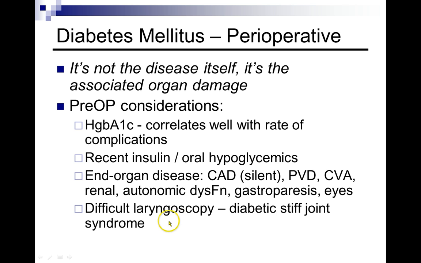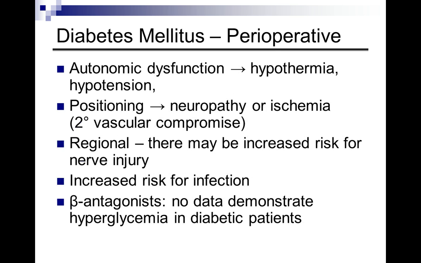A large percentage of diabetic patients may actually have a difficult airway upon laryngoscopy due to diabetic stiff joint syndrome. The autonomic dysfunction, probably due to some form of neuropathy, can lead patients to become hypothermic and hypotensive in the operating room.